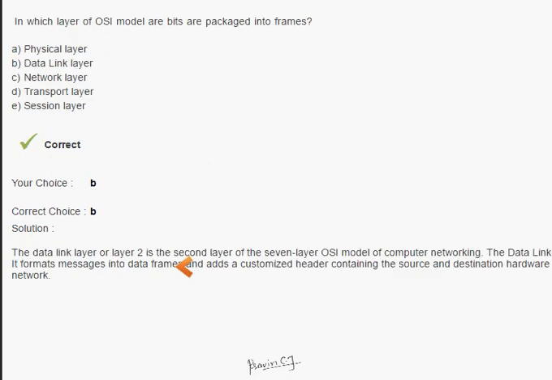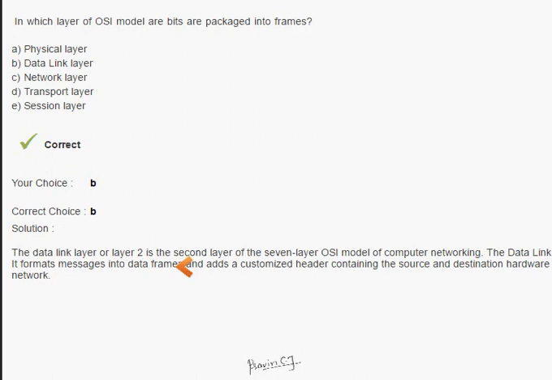In which layer of the OSI model are bits packaged into frames? Remember, whenever a question comes about bits or frames in the OSI model, frames are handled by a device like a switch. The switch handles all the packaging into frames.